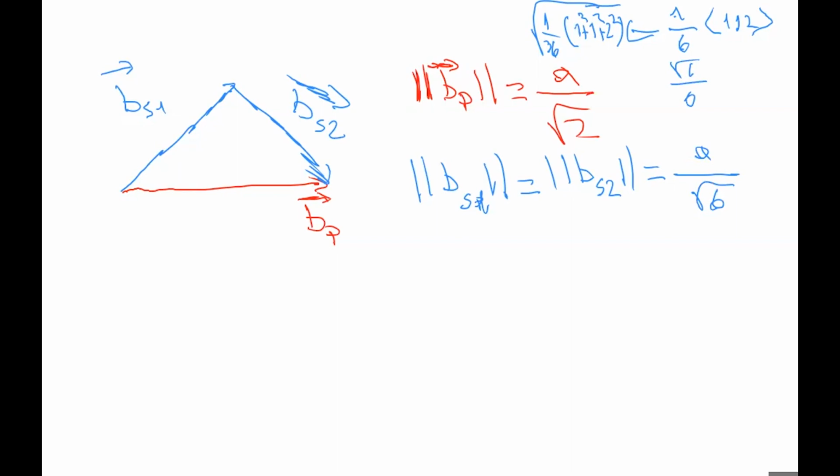So any question so far? Yes, hocam, I have one. Yes, go ahead. For the Burgers vector, we said the magnitude is a over square root of 2, but in the beginning, you said a over 2 times square root of 2. All right, please try to calculate the magnitude of this guy.